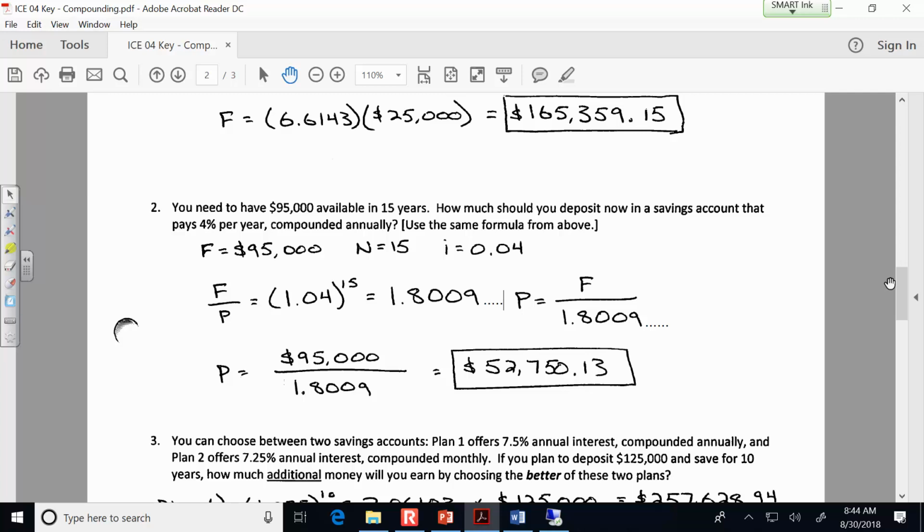There would be 120 periods instead of 10 if we were going to take that approach of just accounting for the interest on a monthly basis. Either approach will give you the same right answer. So you can find the effective annual rate and then compound it 10 times, or you can find the monthly rate and compound it 120 times.